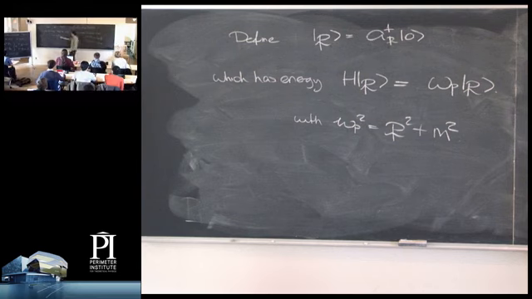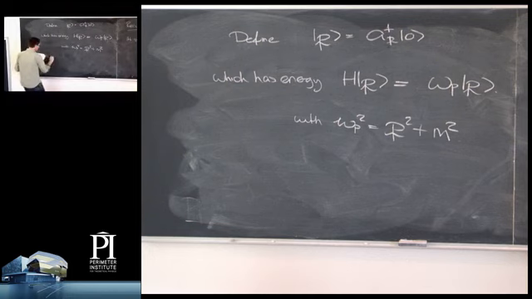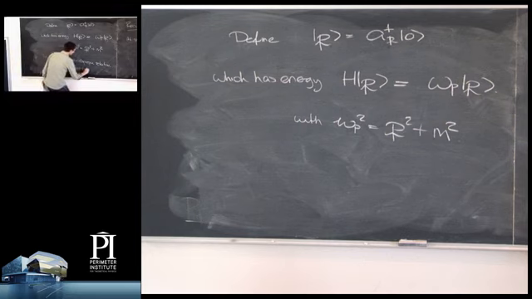This is the energy dispersion for a massive particle in Minkowski space, the relativistic dispersion relation for a particle with mass m and 3-momentum p.